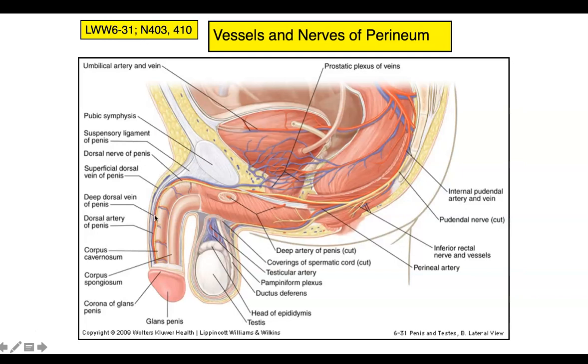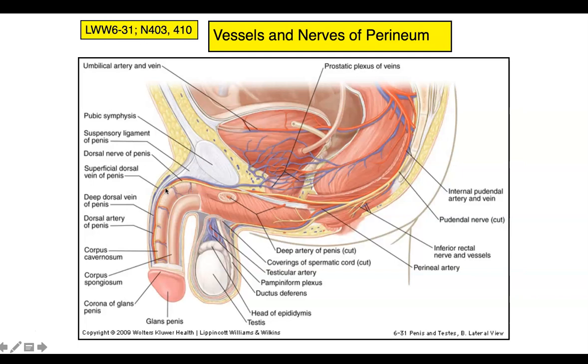So see, on the dorsal side of the penis, I already mentioned that there is a deep dorsal vein, and on each side there are two dorsal arteries, and then there are two dorsal nerves. The dorsal arteries are the terminal branches of the internal pudendal artery, and the dorsal nerves of the penis are the terminal branches of the pudendal nerve.